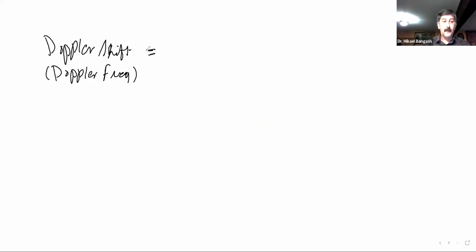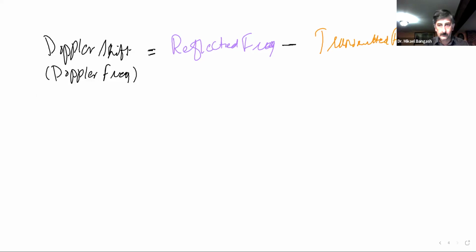Mainly, the difference between the reflected frequency being subtracted from the transmitted frequency. Is that clear?